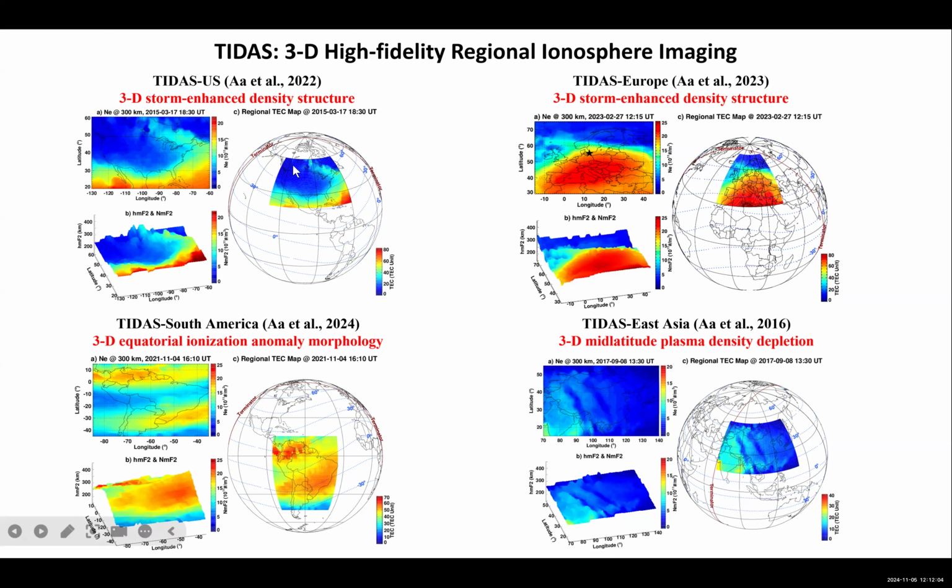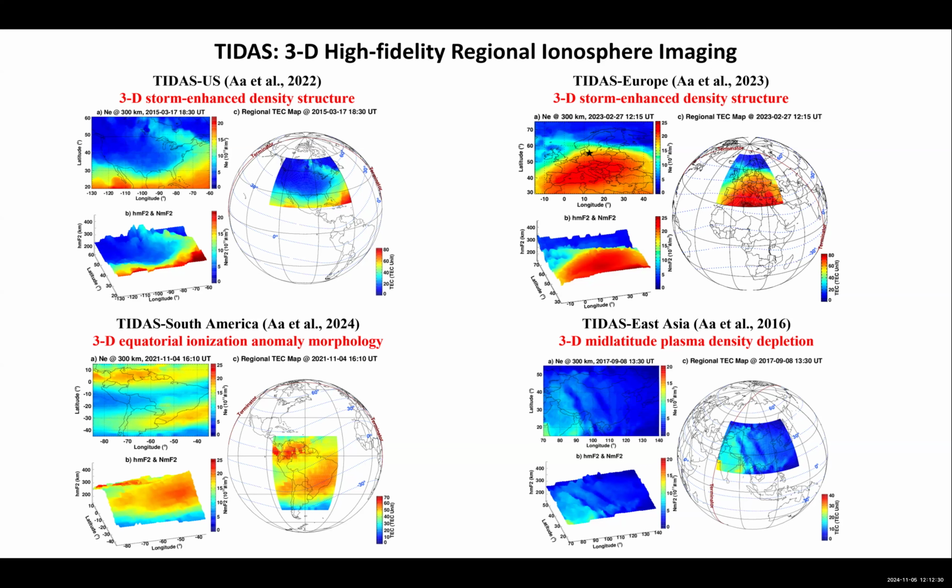For example, over the North American region, we have over 2,000 GNSS receivers. So they provide ample data coverage for us to do data simulation. The second reason is that these regions are characterized by some significant electron density gradient structures that need in-depth analysis.